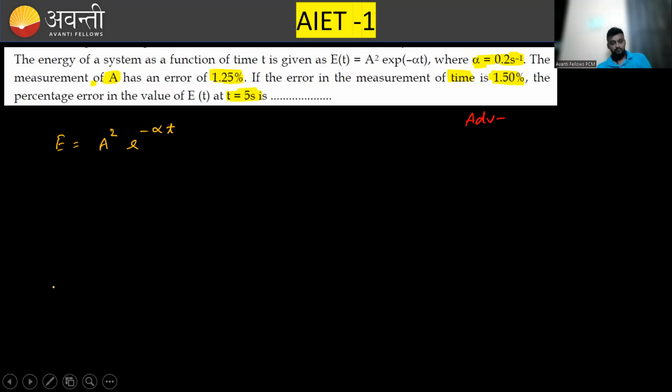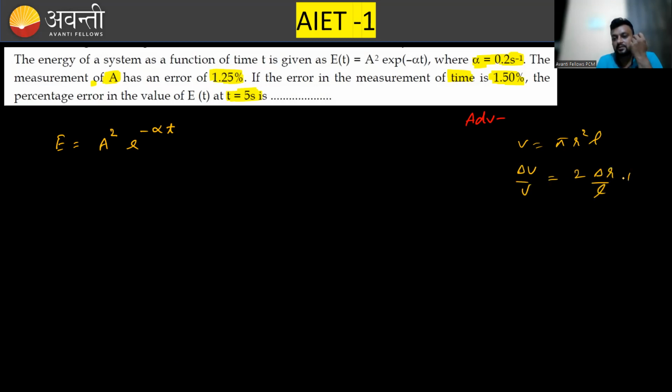Now, generally we know the formula that, for example, in the previous questions, we have written V equals pi r squared h, pi r squared L. Then you have written delta V over V equals 2 delta R over R plus delta L over L. That's the simple case.